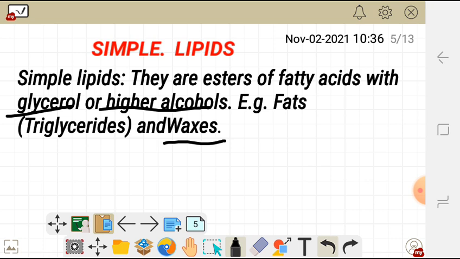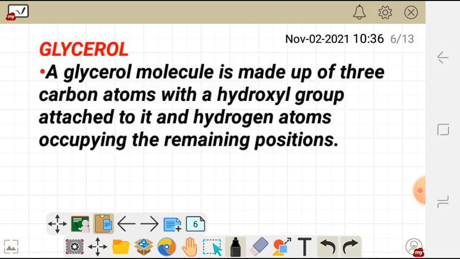Let's also look at the structure of glycerol and of fatty acids, and how the elements are linked together in these two components of simple lipids.